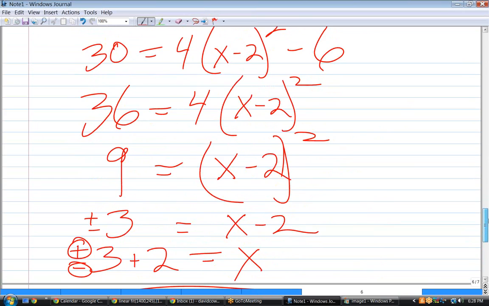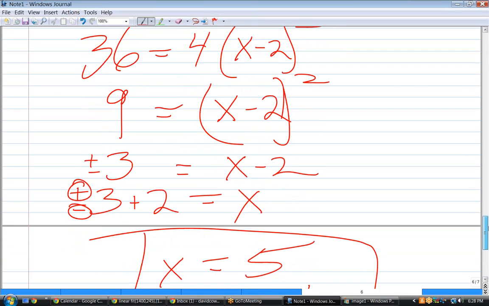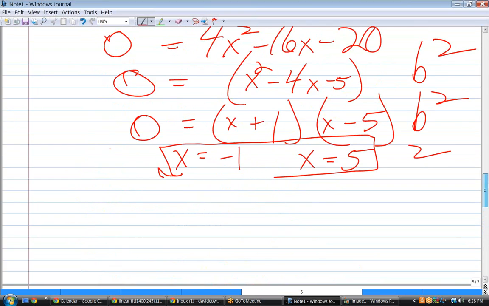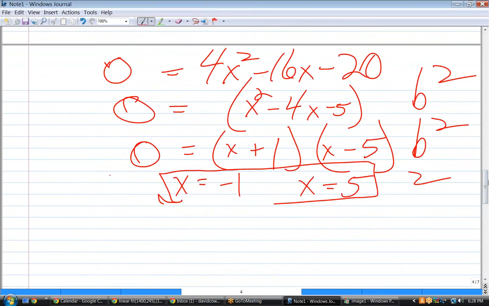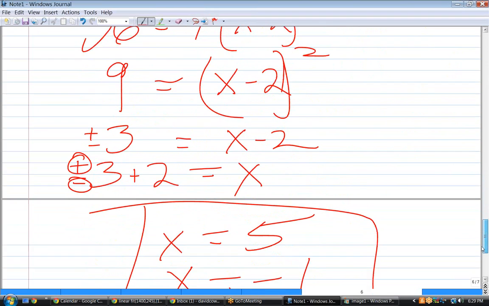It was a lot easier, but it's also much easier to make the mistake. Notice that when we did it this way, we got these two answers, and there was no other way to get anything but those two answers. When we did it the easier way, we could easily have made a mistake and left off the plus or minus. And if you leave off the plus or minus, let's say I erase that, well, you get only one answer, x equals 5.